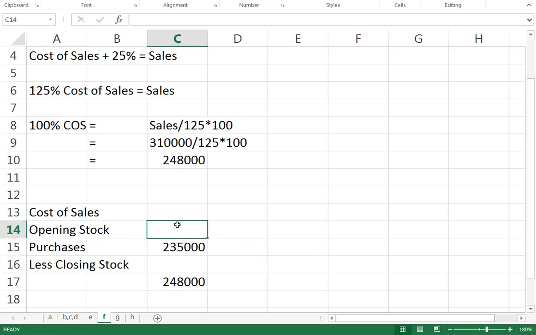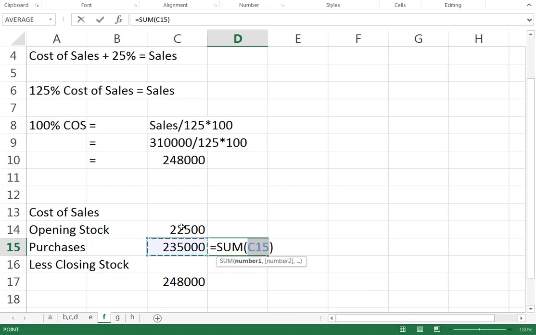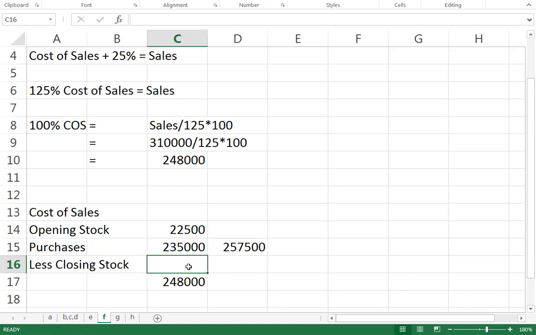We had been given opening inventory as 22,500. So the difference between these and this is going to be my closing stock. So I'm just going to total these two here. That's giving me 257,500. So the difference between 257,500 and 248,000 is my closing stock.